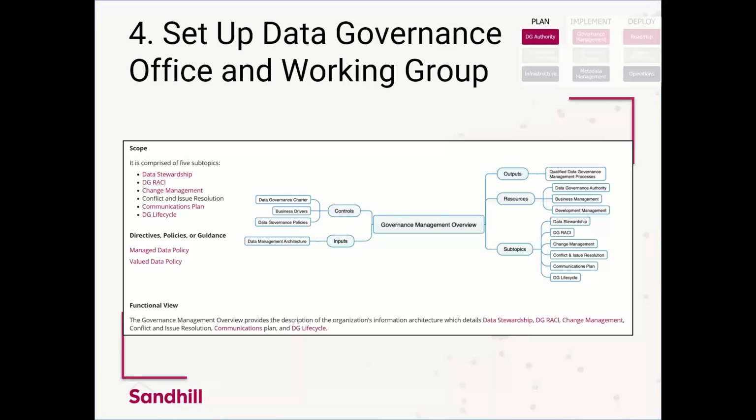Moreover, it's the data stewards, the data custodians, and the data analysts who are all involved in creating the assets that we want to monitor in the data governance office itself. And again, Compass provides the guidance on what to do and the templates to use to define the workings of the data governance office.